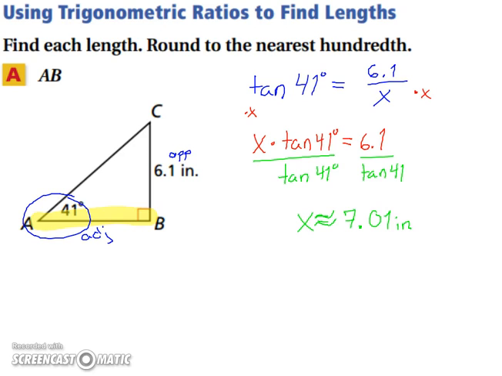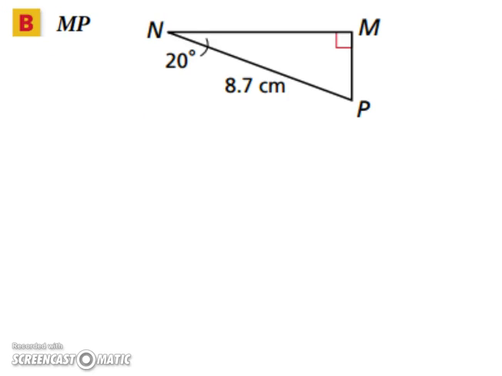Let's try a couple more. It wants us to find the length of MP. Well, let's highlight MP to make sure we know where it is. Okay, so now that we have MP, we look at what they gave us.